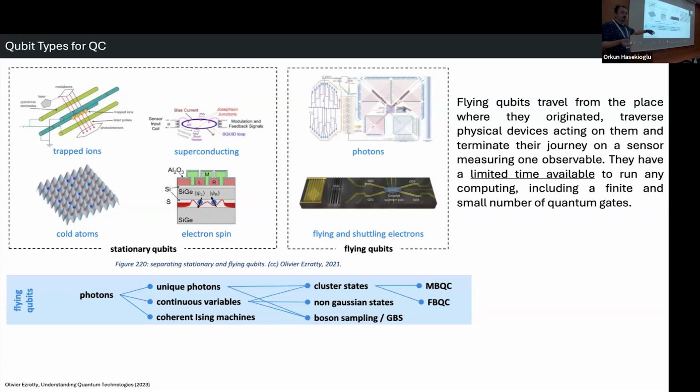But if you want to do more, if you want to build some universal photonic quantum computer, then you need two more approaches, which are measurement based or normal universal gate operation.